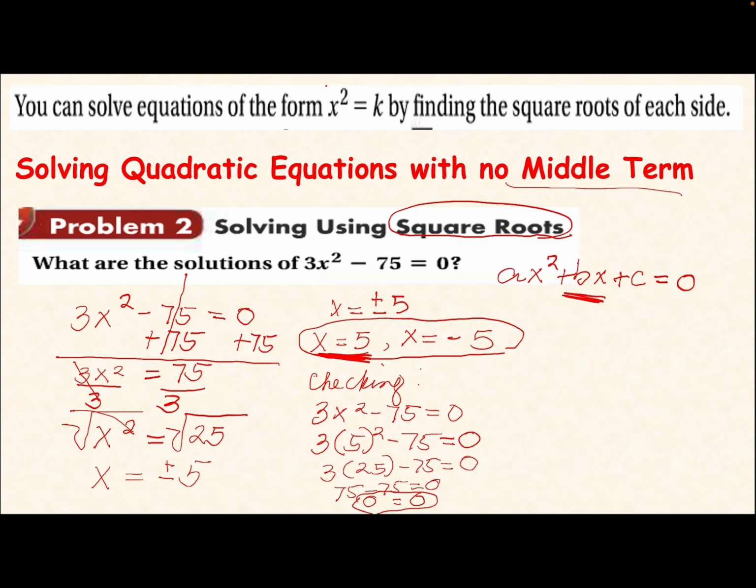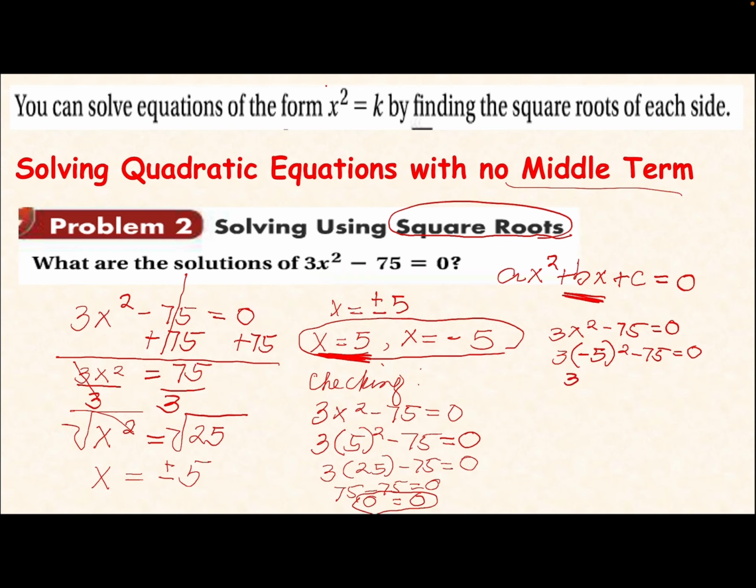How about negative 5? You have the original equation, 3x squared minus 75 is equal to 0. The value of x is negative 5, so 3 times negative 5 squared minus 75 is equal to 0.